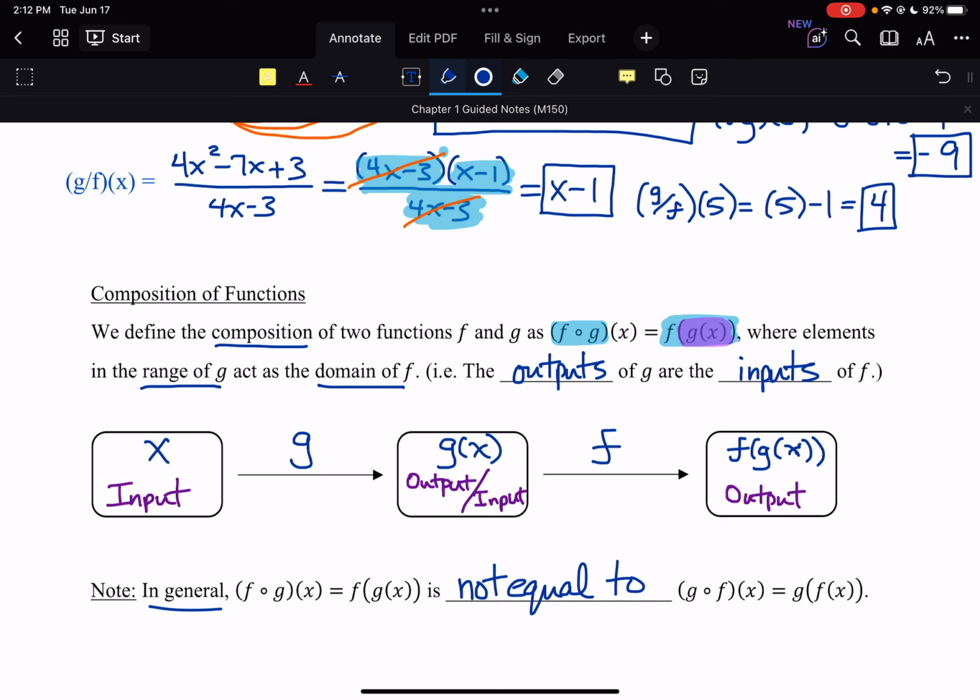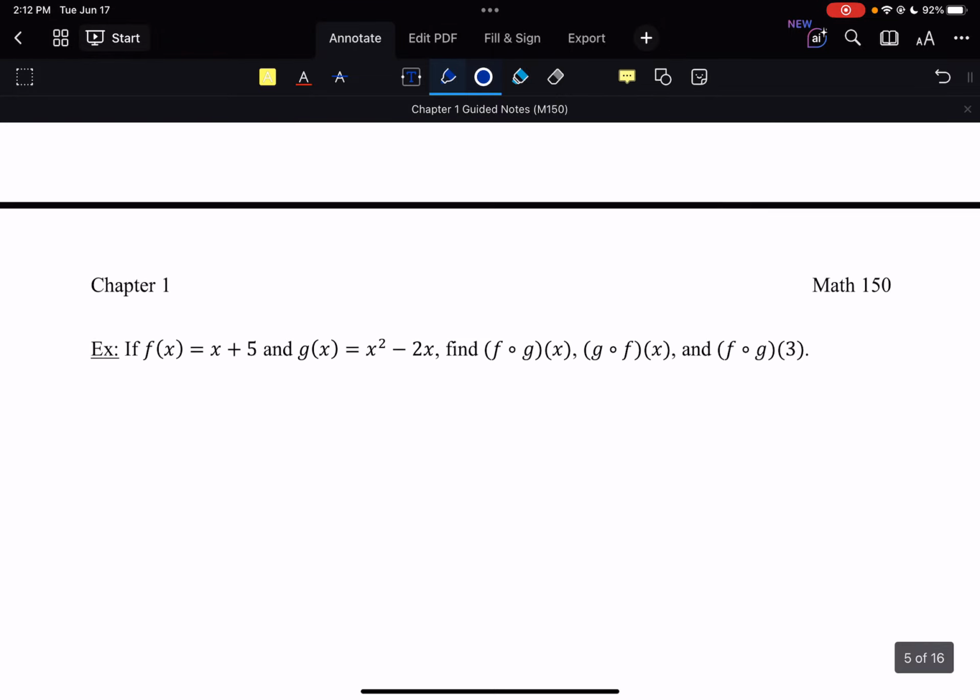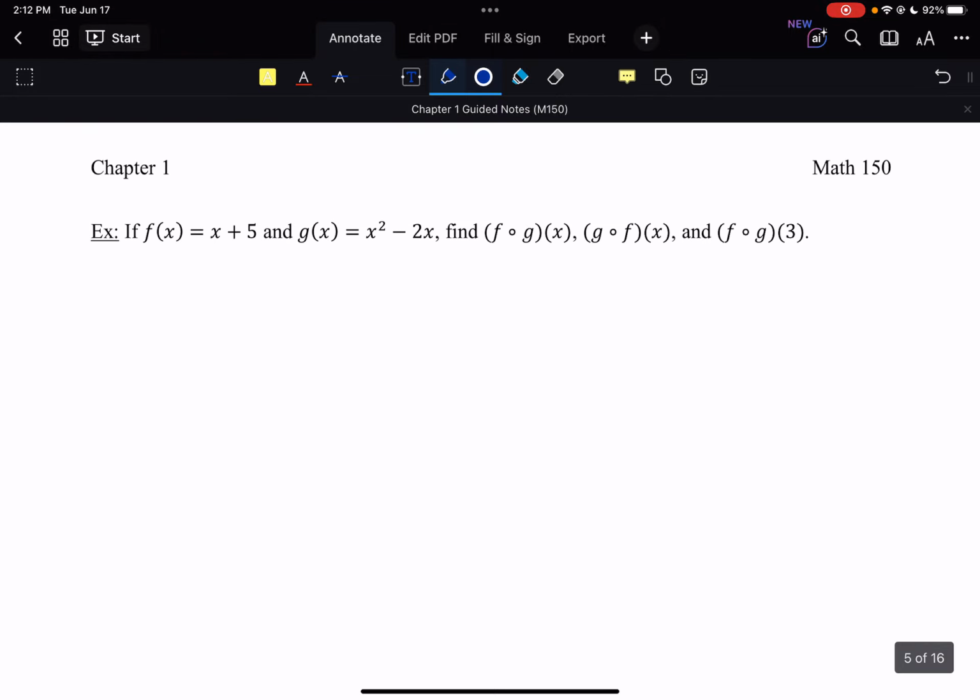So let's take a look at an example. Top of the next page here. We have f of x and g of x. We're going to find f of g, g of f, and then we're going to evaluate f of g at a specific value. So we have f of g of x.